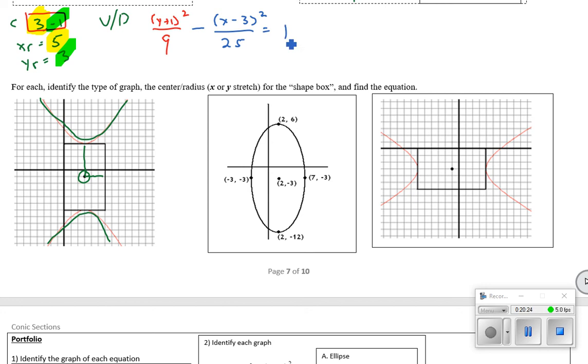How did I know minus? Because it was a hyperbola. How did I know to put the y's first? Because it opened up and down.